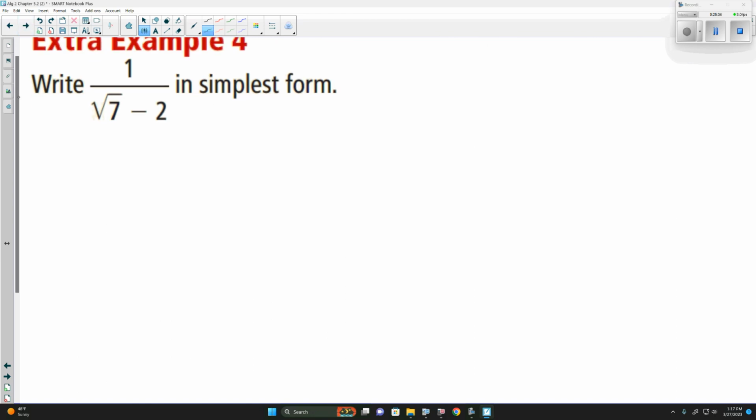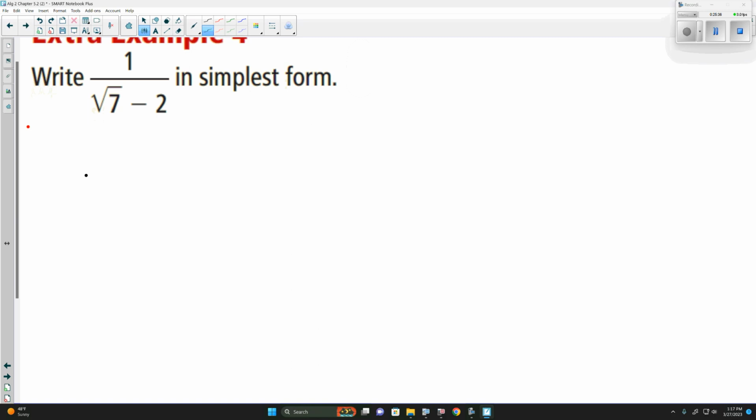Now it doesn't matter which order our radicals are, because we could have the square root of 7 minus 2. It doesn't change what we would do if we did this by hand, because here we would just multiply both sides by the square root of 7 plus 2.